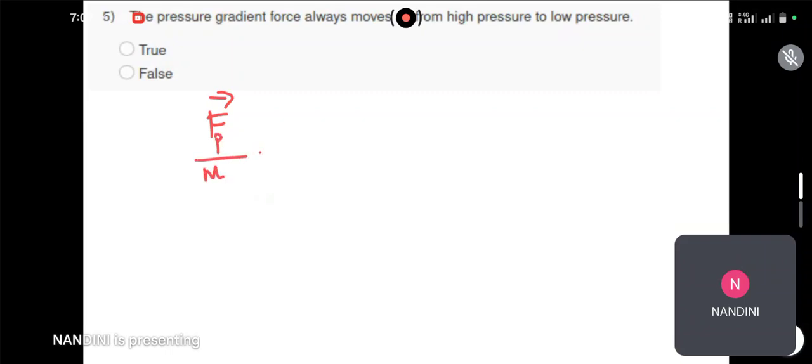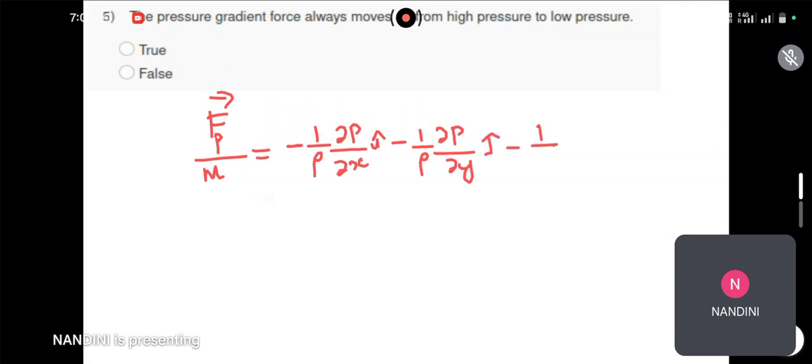The pressure gradient force per unit mass is minus 1 by rho dou P by dou x in the i direction, minus 1 by rho dou P by dou y in the j direction, minus 1 by rho dou P by dou z in the k direction. The dou P by dou z term can be replaced by minus rho G in the hydrostatic equation.